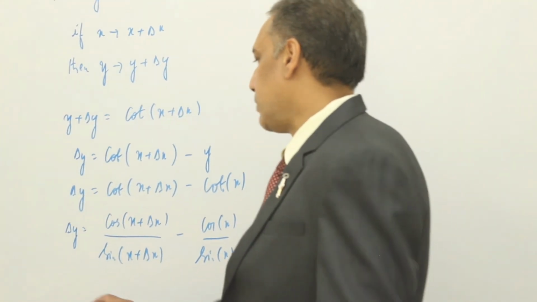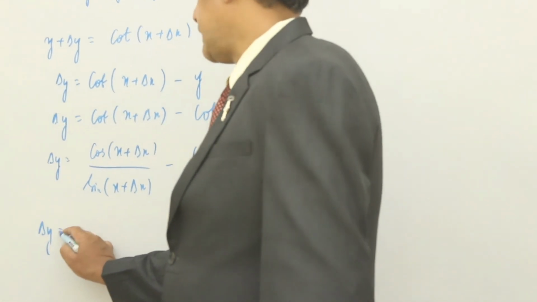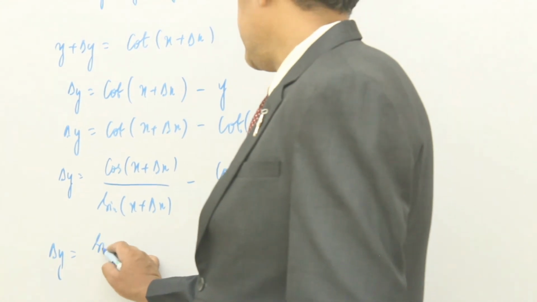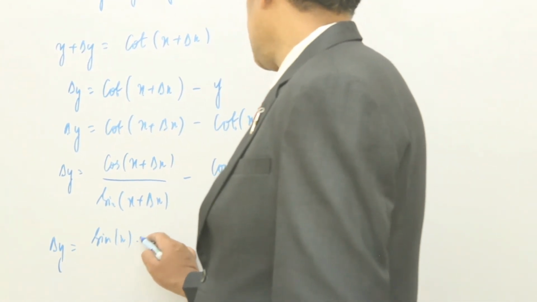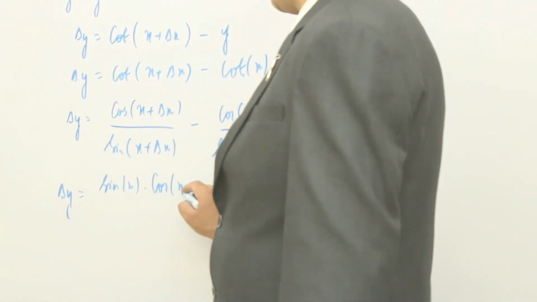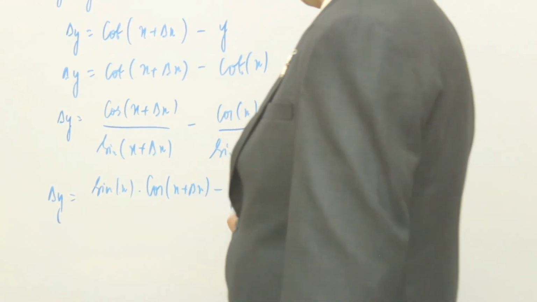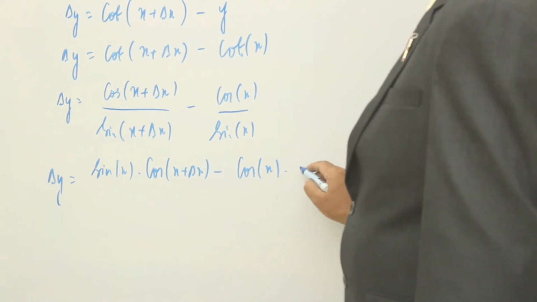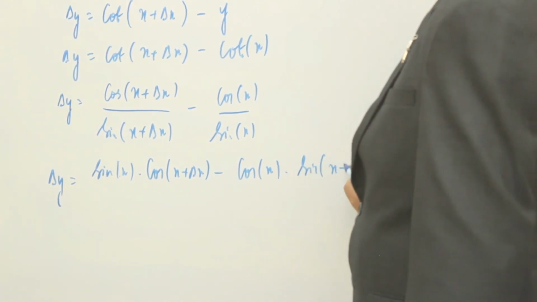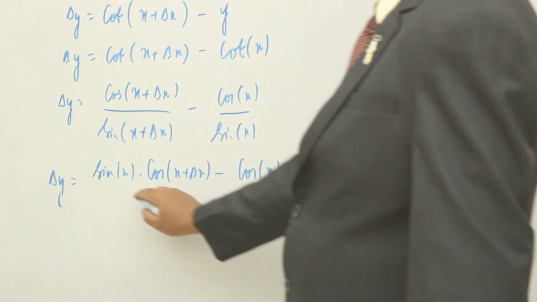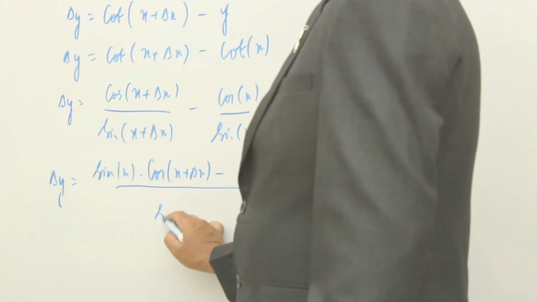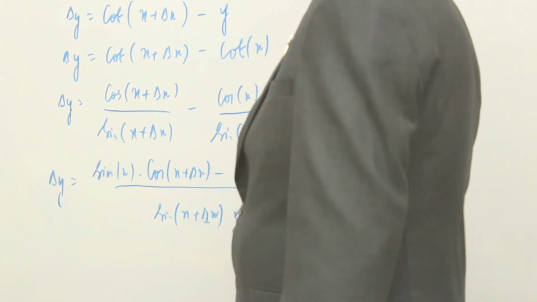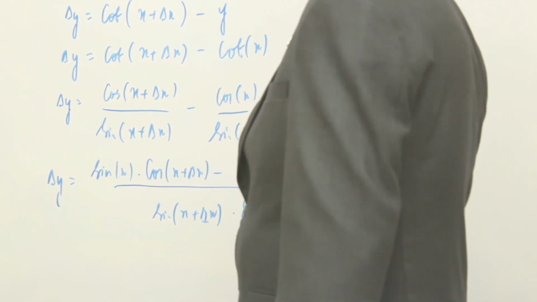Now taking the LCM of this, we'll be getting delta y is equal to sin x into cos of x plus delta x minus cos x into sin of x plus delta x, whole divided by sin of x plus delta x into sin x.